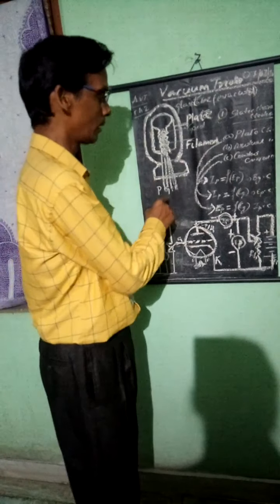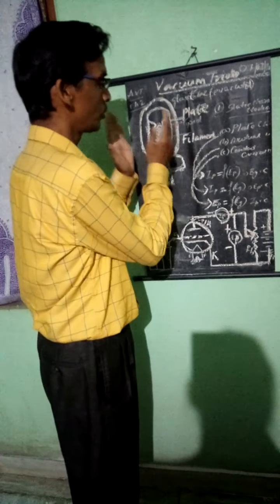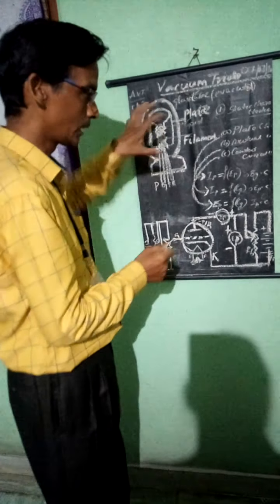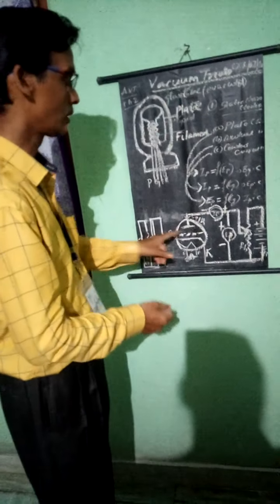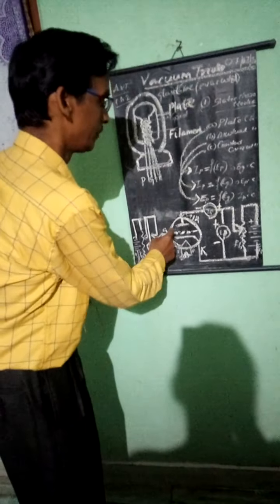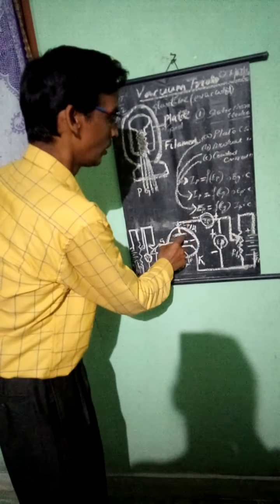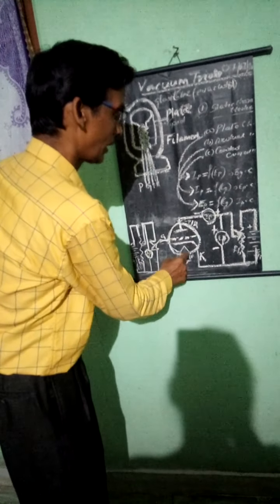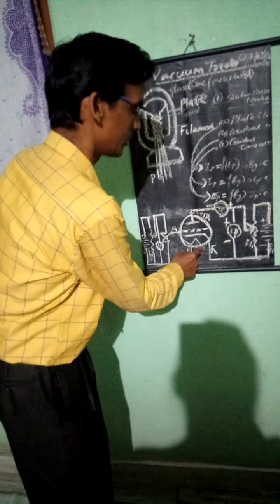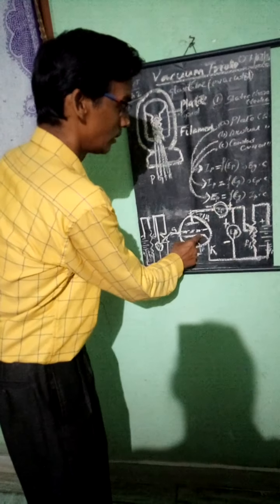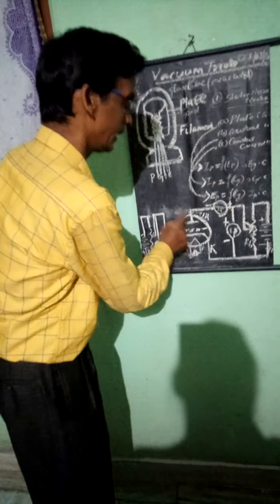Let you see the operating principle of this vacuum triode, which comes like this. Remember, the symbol is like that. This is the plate or anode, which is positive, and this is the cathode, indirectly heated by means of an AC source through the filament.